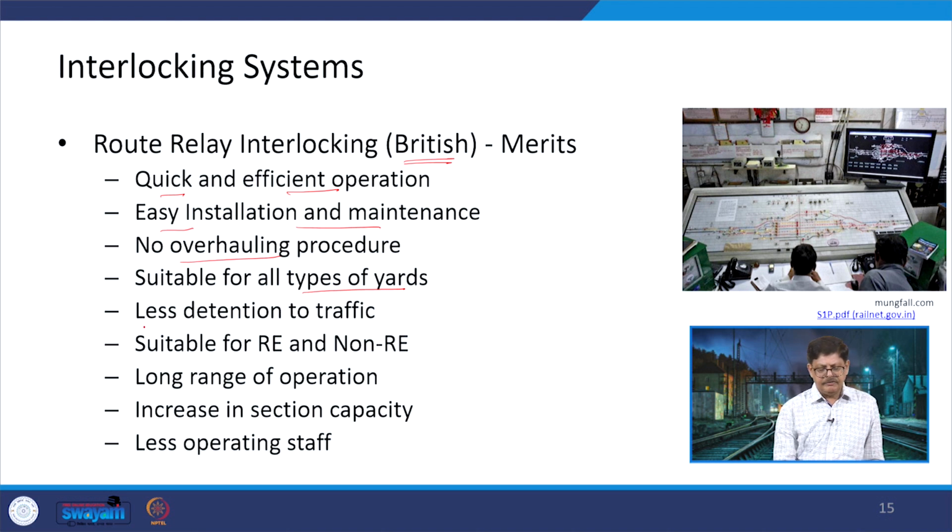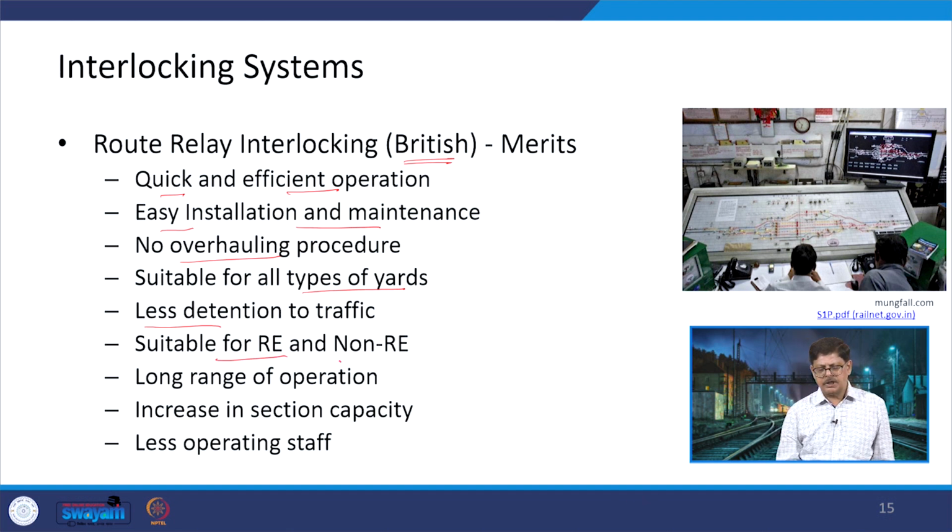It has less detention to the traffic, meaning the delays which may be caused by taking decisions, taking information about the route, about the various blocks either at back or in advance. That time is saved because you are looking at everything on the panel which is available in front of you if you are the operator of the system.